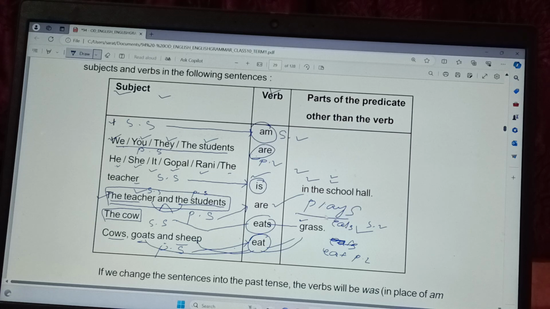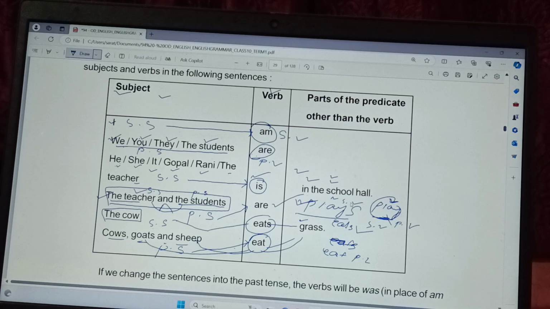Plays is a singular verb and play is a plural verb. So if the subject is plural, in that case we use we play, they play, but the child plays. We can say the child plays, but the children play. So play is a plural verb and plays is a singular verb, guys.